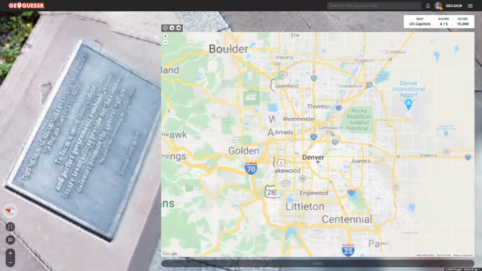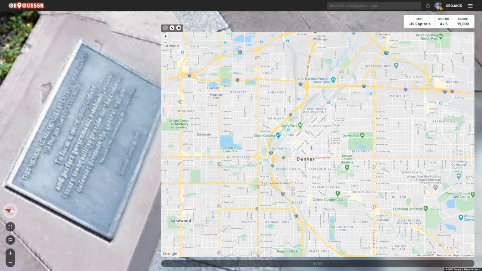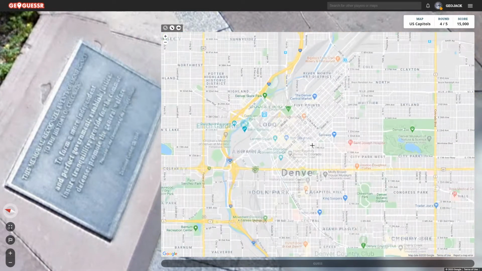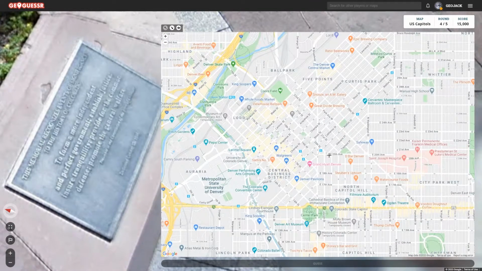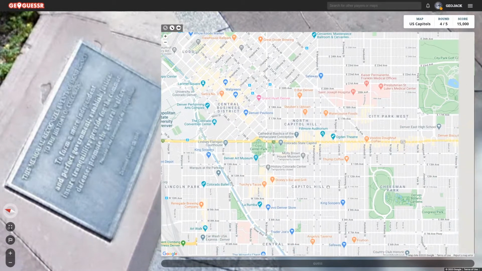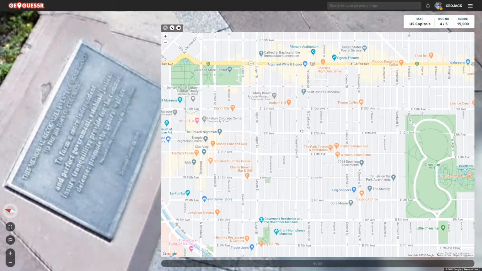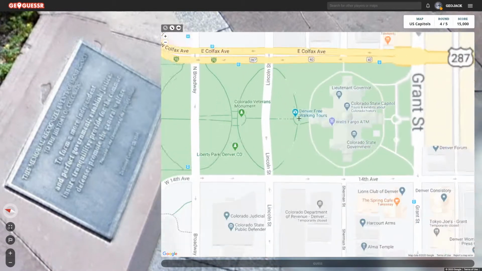Again, is Denver the capital? I think it probably is. But you never know. Here we go, North Capitol Hill. Capitol Hill. Right, so where is the capital itself? There it is.